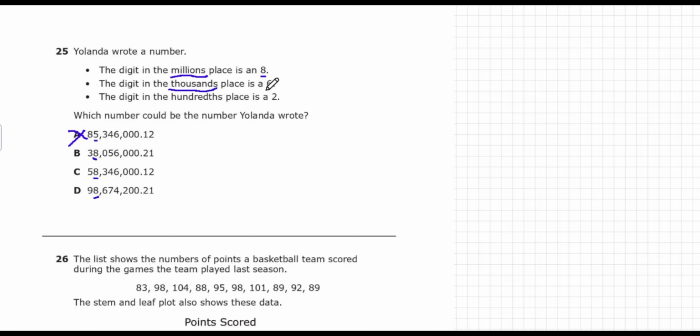So we can eliminate D here. Last one. The digit in the hundredths place is a 2. Since all the conditions of the problem were met, C is the correct answer.